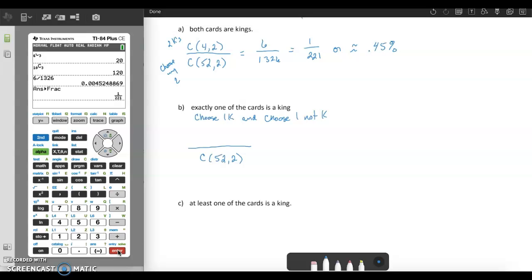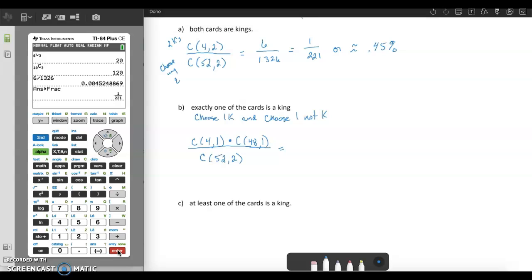For the top, to choose 1 king, we would be doing a combination of out of those 4 kings in that deck, choosing 1. So a 4 choose 1. And, so multiply, we have to choose 1 not king. So out of the other 48 cards, we have to pick one of those as well.